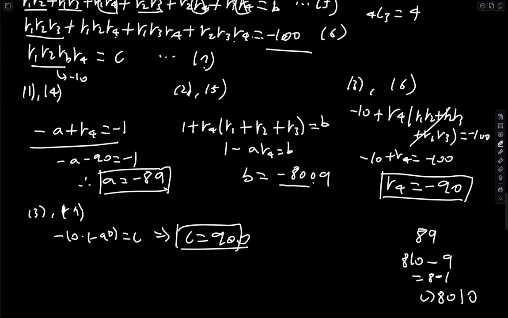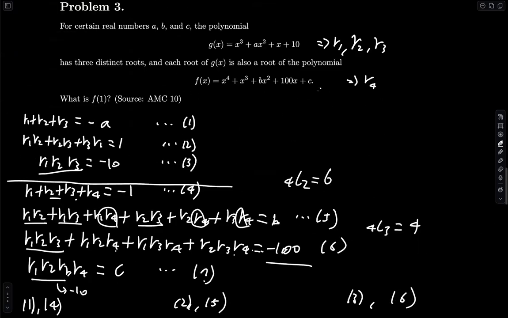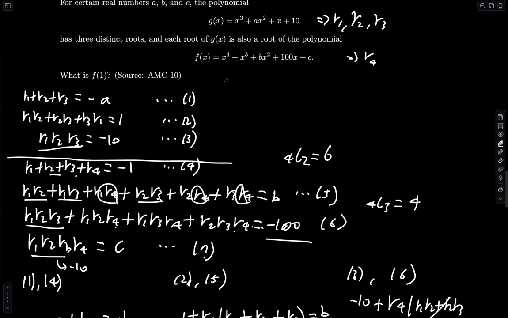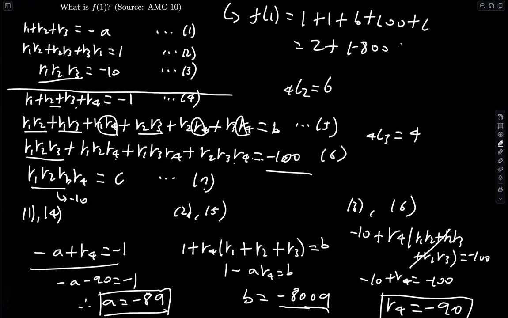Did everyone get this value? I hope yes. Oh, thank you. I hope this is correct. And f of 1 is equal to 1 plus 1 plus b plus 100 plus c. So 2 plus, what was b? Negative 8009 plus 100 plus c.